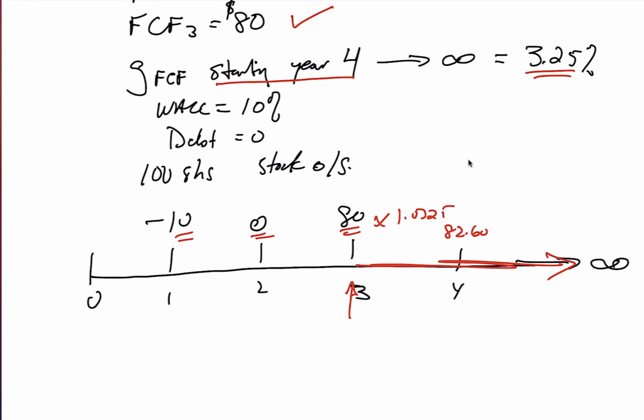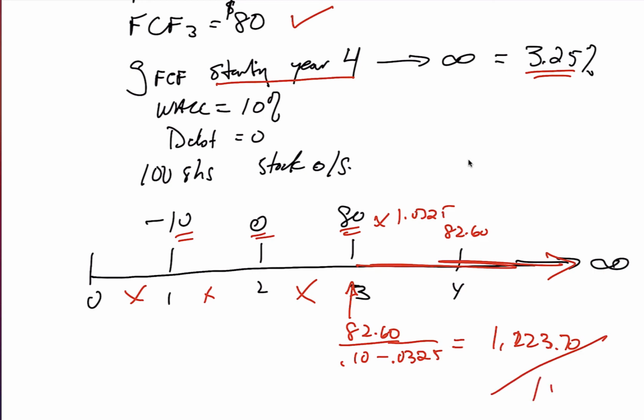So we take the 82.60 divided by the 10% weighted average cost of capital minus the 3.25% growth rate, and we get 1,223.70. Now we need to discount that back 1, 2, 3 periods.